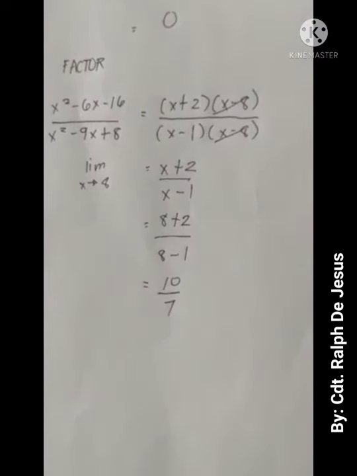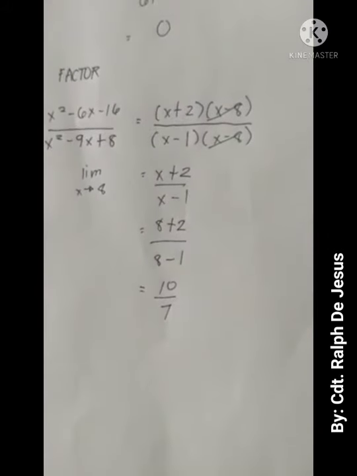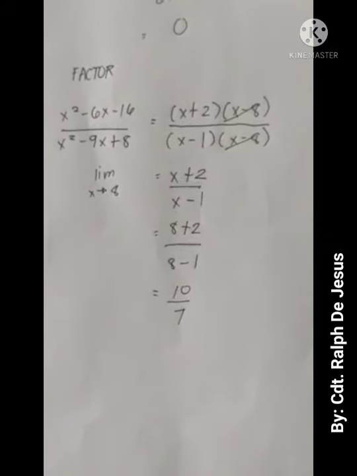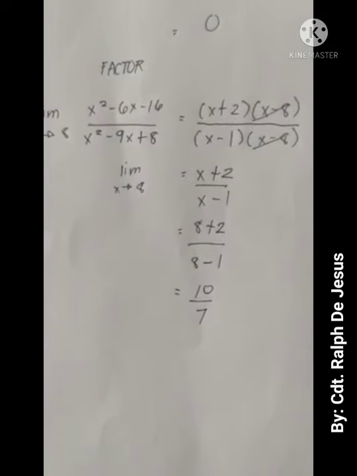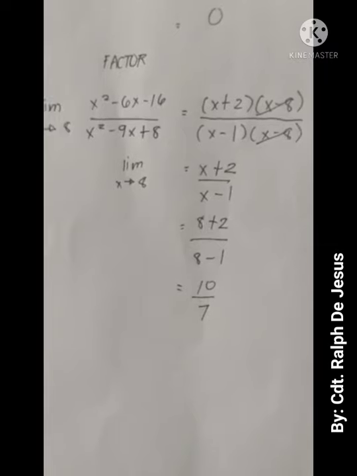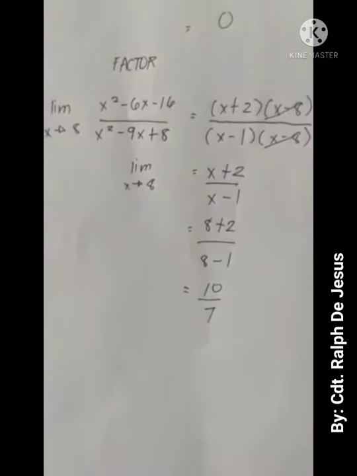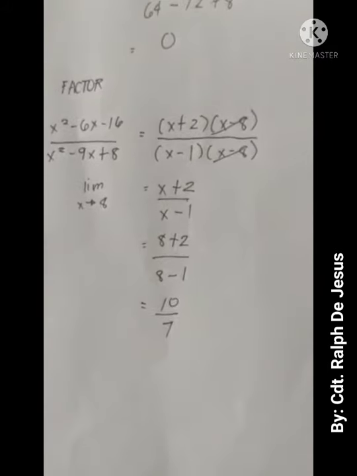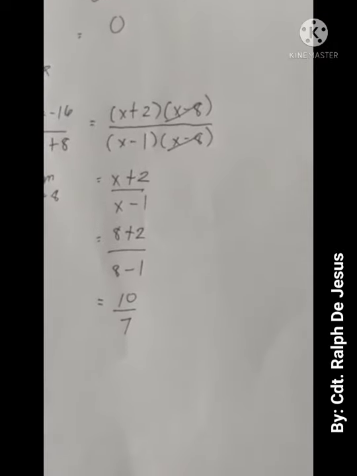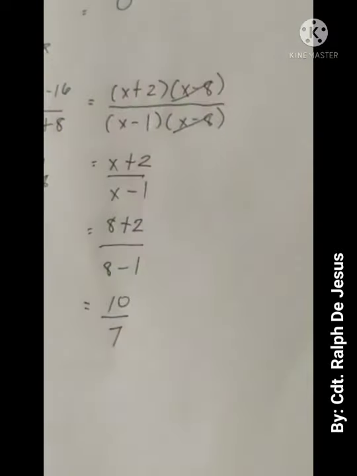So our factored form is x plus 2 times x minus 8. At the bottom, we will also factor: find numbers that multiply to 8 and add to negative 9. It is going to be negative 1 and negative 8. So we have x minus 1 times x minus 8.